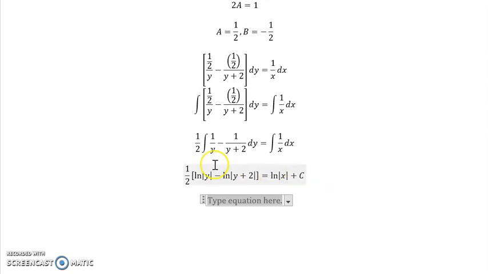So this side of the equation, we can combine these two log equations: 1/2 ln of y over y plus 2 equals ln x plus c. Now I've dropped the absolute values here, but keep in mind that they're still there if y is negative or if x is negative. But for right now I'm going to assume they're positive.